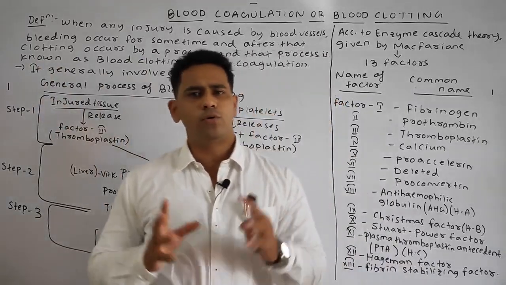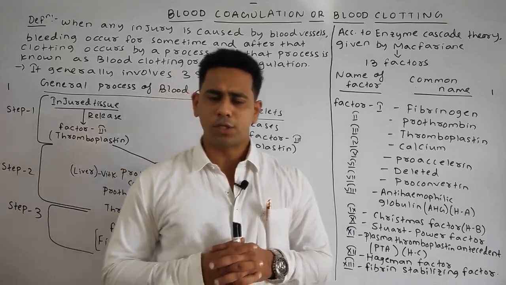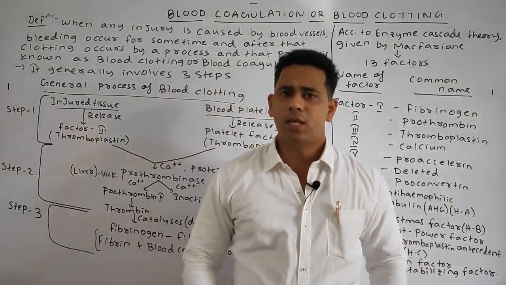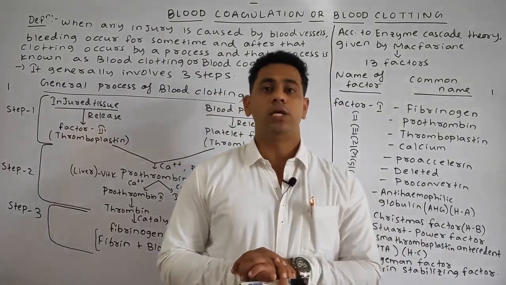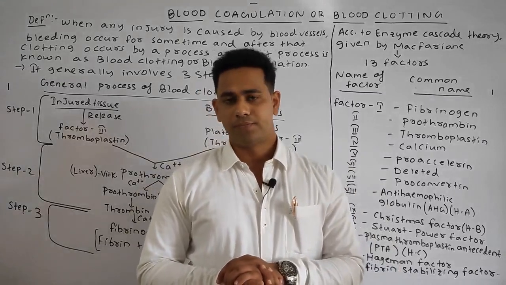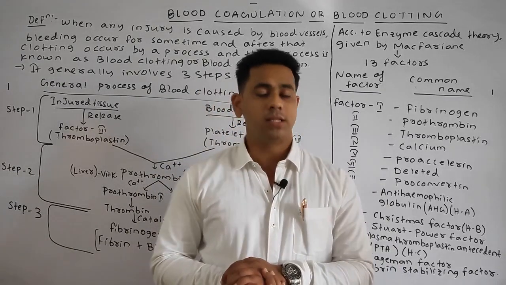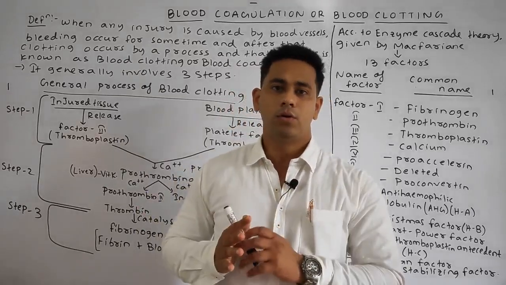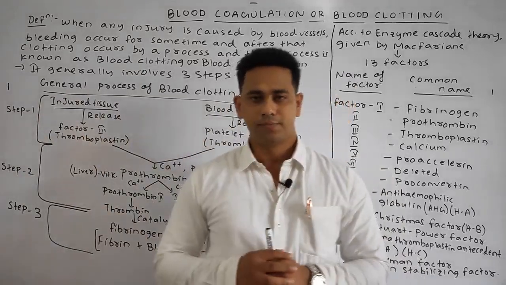By this we came to the conclusion that persons having blood group AB can receive blood from all the blood groups. That is why they are called the universal recipient, students. And persons having blood group O can donate blood to every blood group, that is why they are called the universal donor.